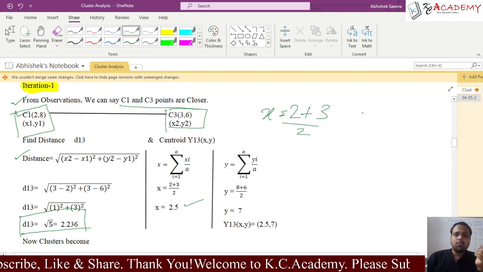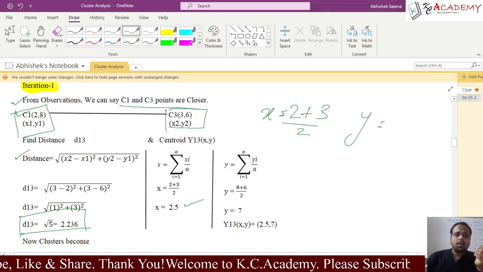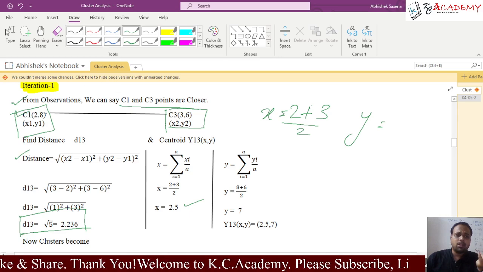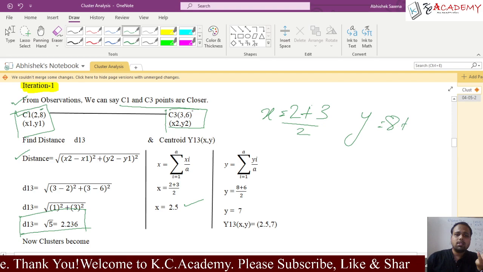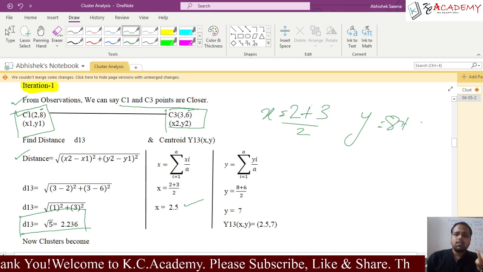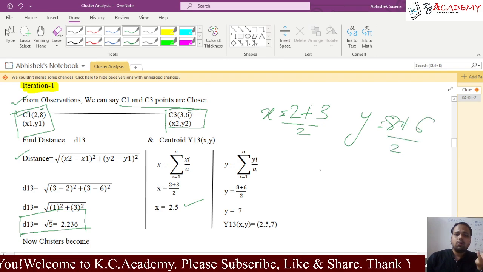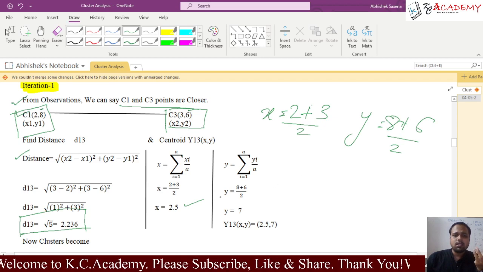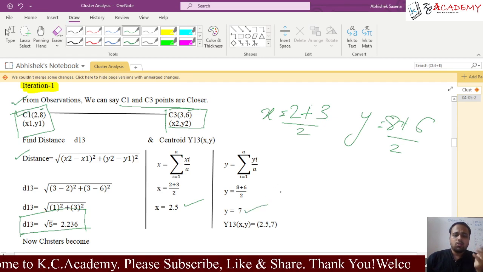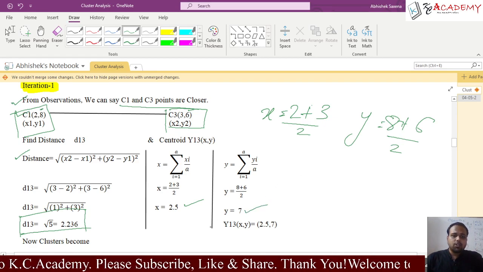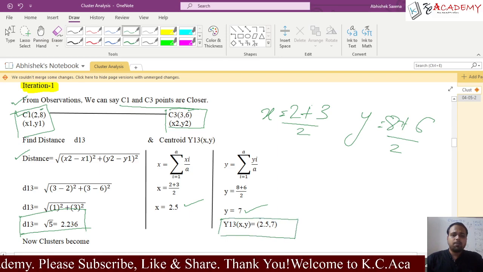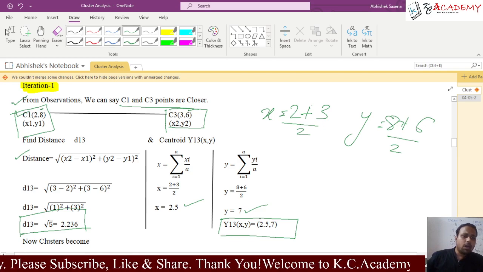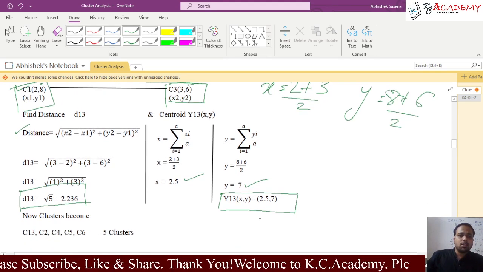Similarly for y, you have to add the y values: here there is 8 plus 6 divided by 2, so that is 14 by 2, that is 7. Ultimately we should remember this point for C13: 2.5, 7. I think you understood how I find the distance.